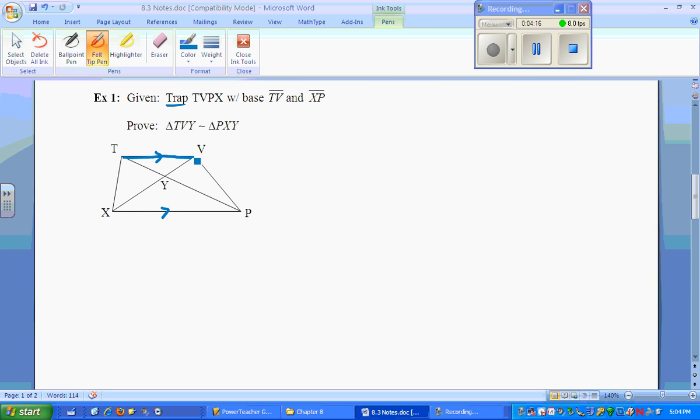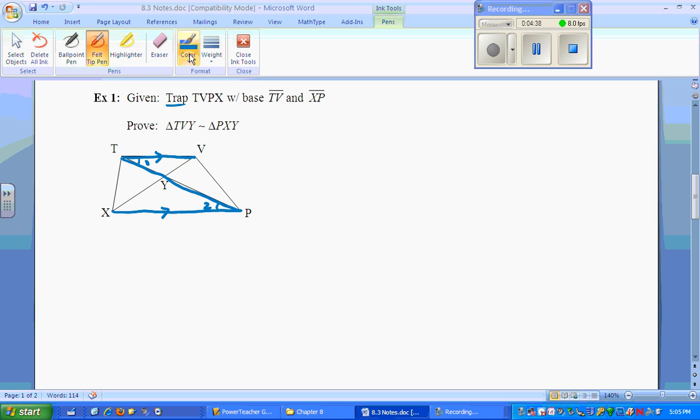If we use this as the transversal, the angle up here, which I'll call 1, and the angle down here, which I'll call 2, are going to be congruent to each other.